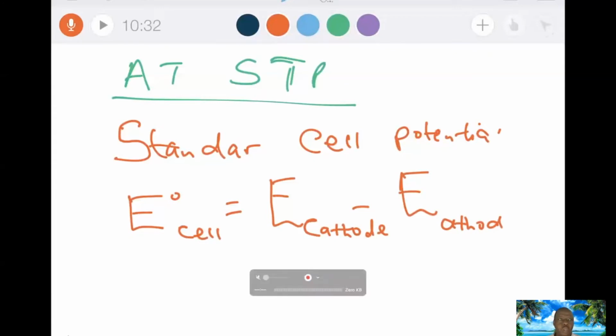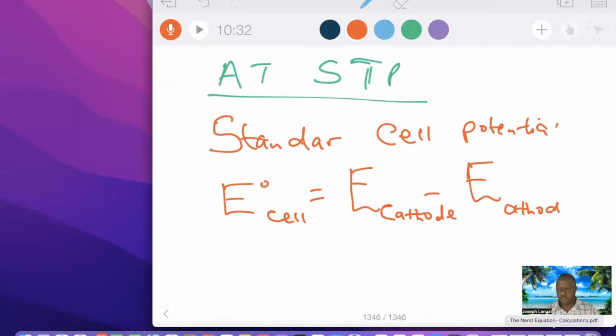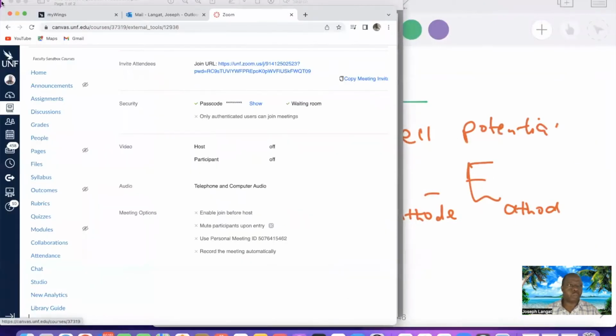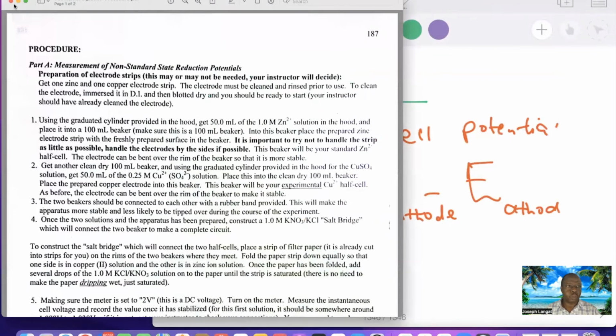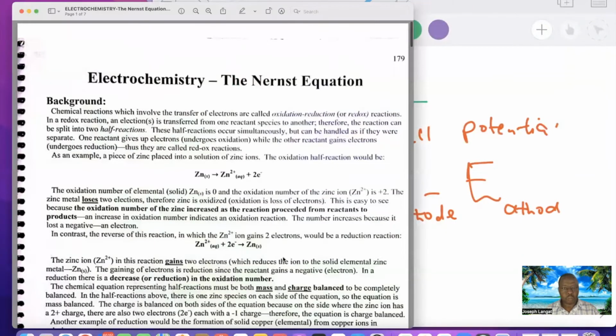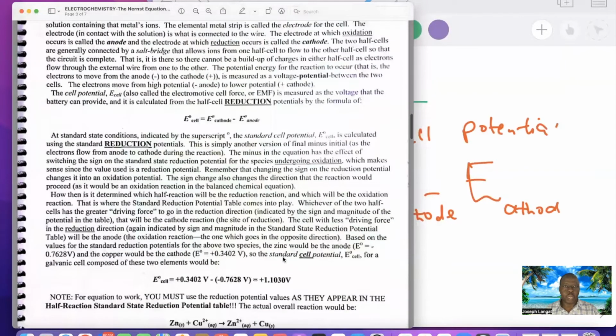The equation you see here, let me show you from the calculation, but from the procedure, this is how you use this equation for the cell potential.